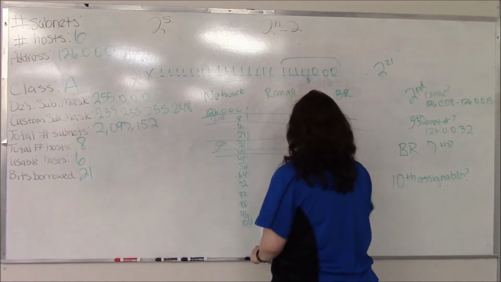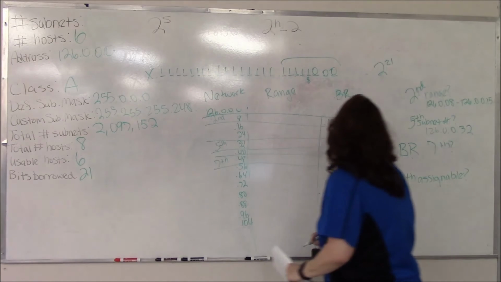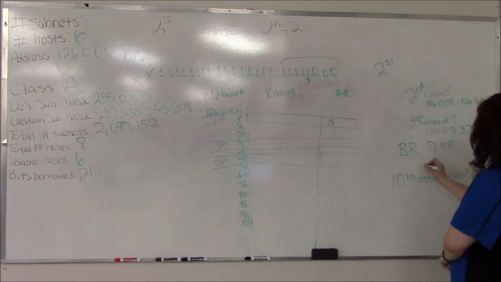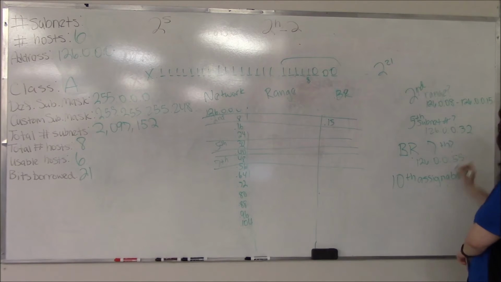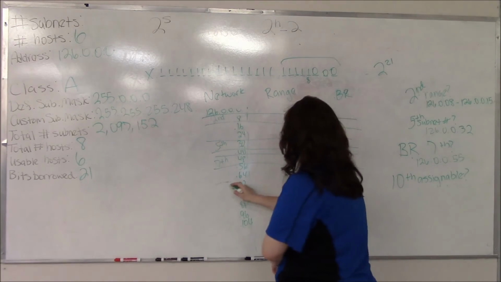That makes this my seventh subnet. And I want the broadcast address of the seventh subnet, and what would that be? Dot 55. Yep, 126.0.0.55. The 10th assignable, 7, 8, 9, 10.